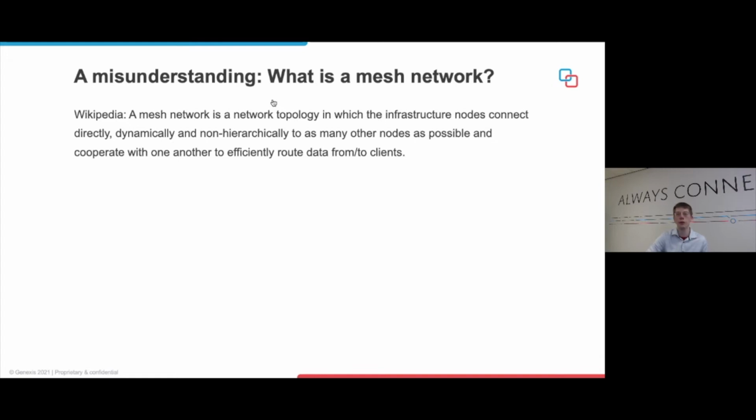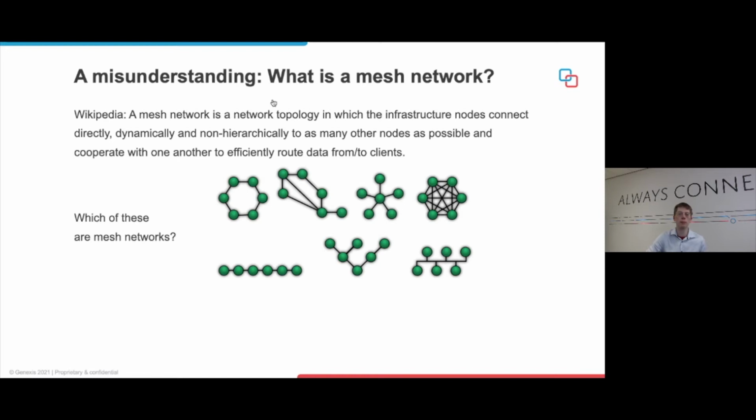So it's a long definition, there's a lot of stuff in there. But it is about nodes connecting, it's about dynamics, and it's about connecting to as many other nodes as you would like. So if we have a look at some example topologies in a network, you could ask yourself, which of these are mesh networks and which you would consider not to be mesh networks? It's an interesting question.